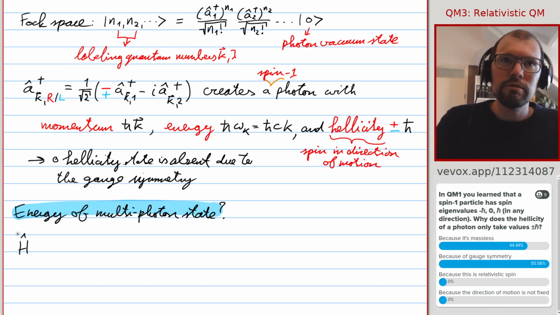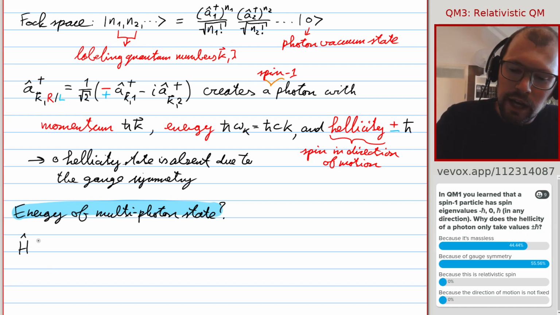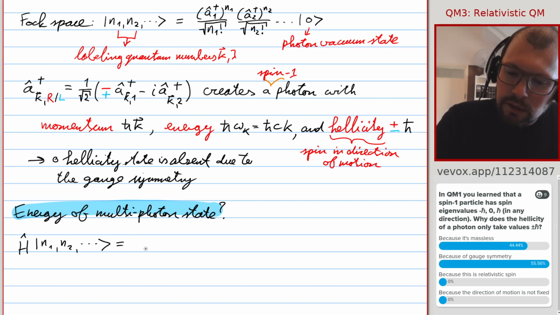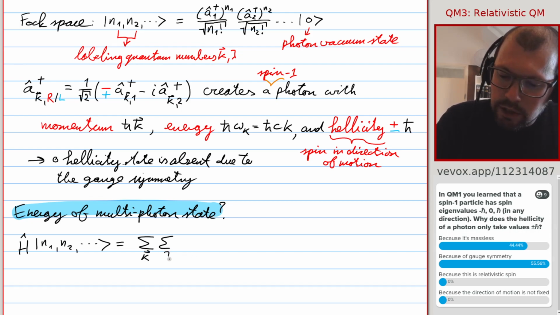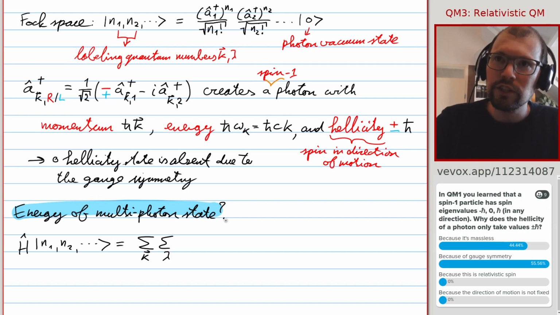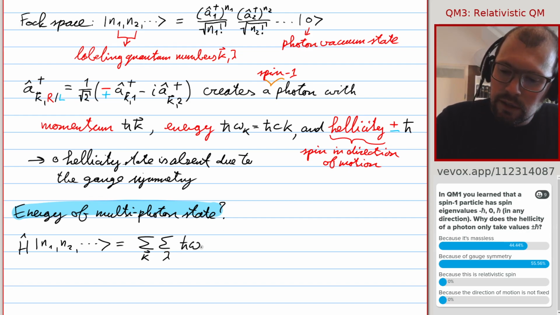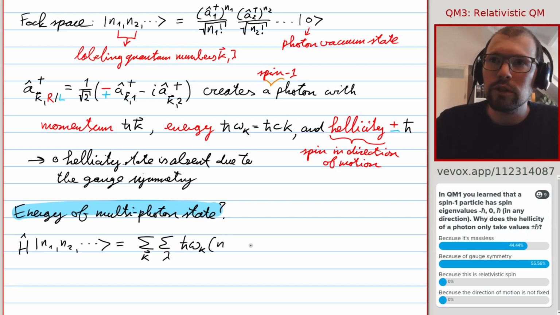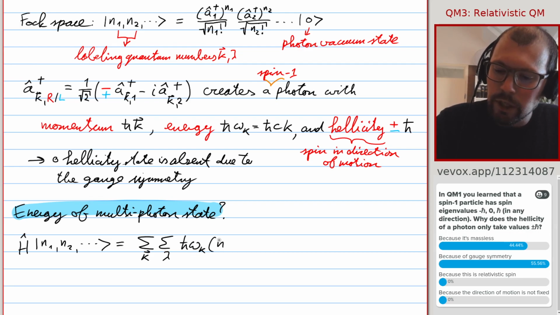So if I have the Hamilton operator acting on one of these basis states in the Fock space, what is its energy eigenvalue? Well, we saw that we had a sum over the different wave vectors, a sum over the polarizations, h bar omega k. So essentially the Hamiltonian of a quantum harmonic oscillator with frequency omega k.